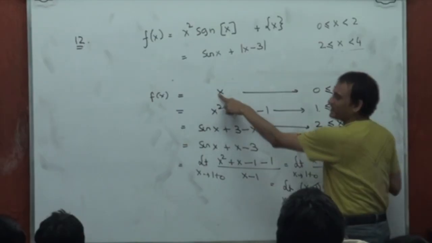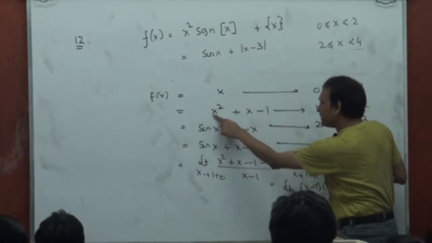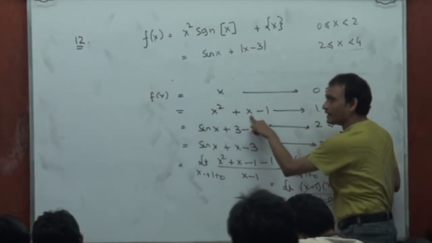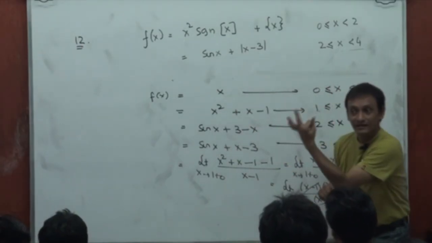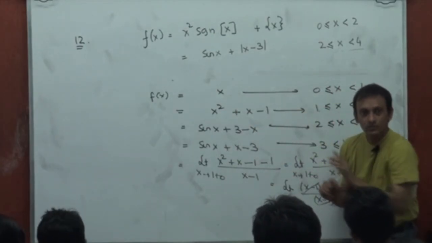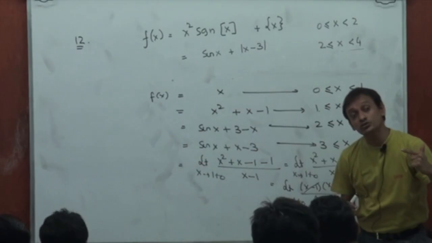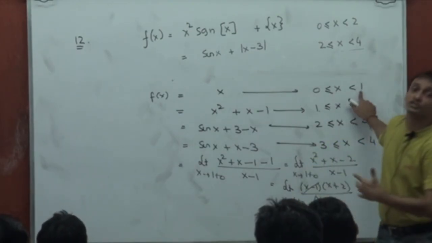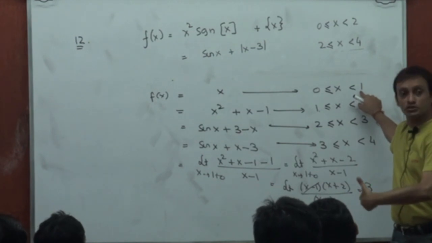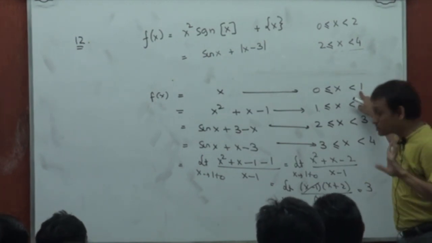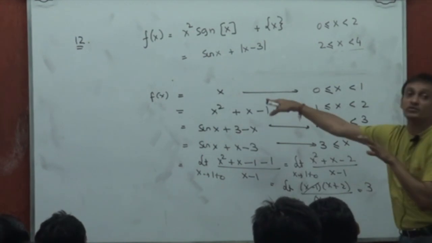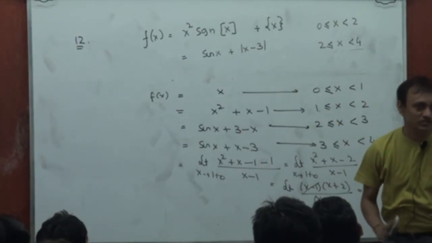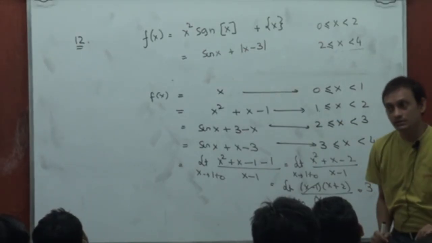So the left hand derivative would have been 1, and the right hand derivative, 2x plus 1 at x equal to 1, would be 3. You know what I'm saying? But you can do that only subject to having verified the continuity of the function at this transition point. Then you can differentiate it. But if it's not continuous at x equal to 1, then don't differentiate and plug in x equal to 1, etc. It's going to be illegal, right?